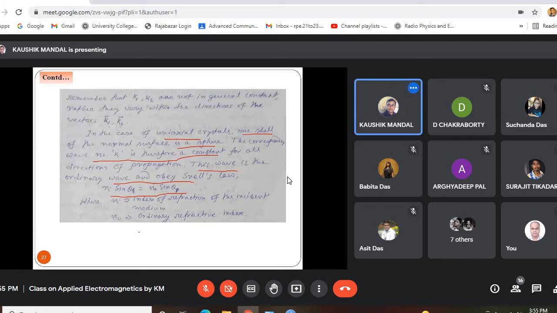So in case of a uniaxial crystal, after refraction you will get two waves. One is called the ordinary wave or ordinary ray, another is called the extraordinary. Ordinary means the wave due to the spherical surface, and extraordinary means the wave due to the ellipsoidal surface.